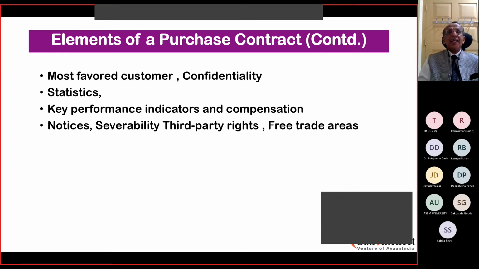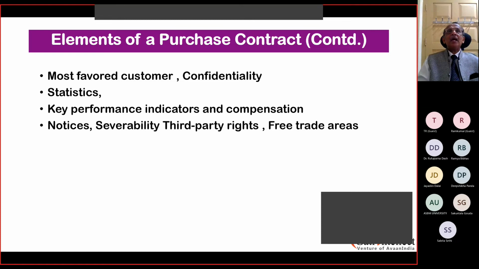Even after signing the contract, if one party believes that one clause which has been incorporated is against their favor, and they feel justice is not there in that particular clause, they can take that particular aspect to the court.